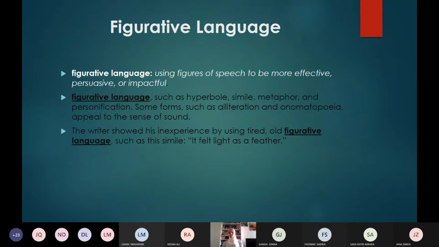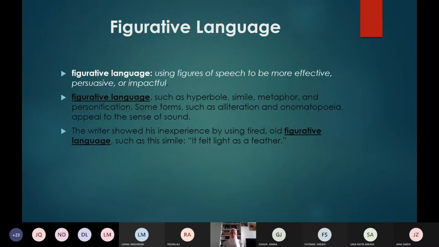We have heard about figurative language since we were in grade 6. What is figurative language? Figurative language is to use figures of speech to be more effective, more persuasive. As you are in grade 10 now, the time has finished to use vague language. You have to use strong vocabulary and figurative language.